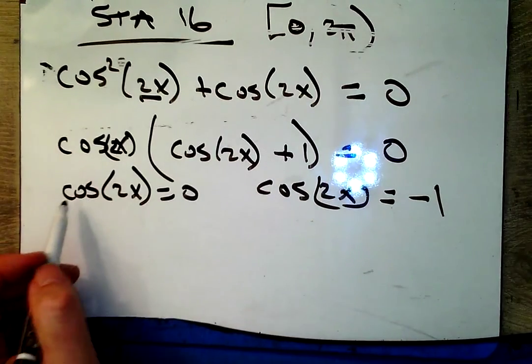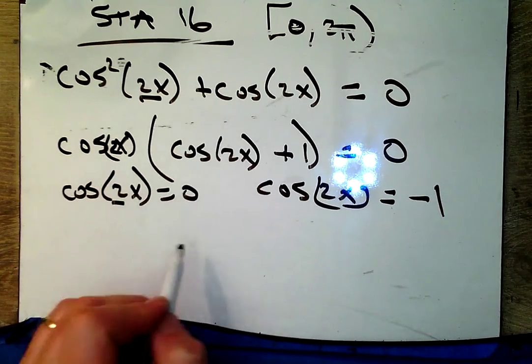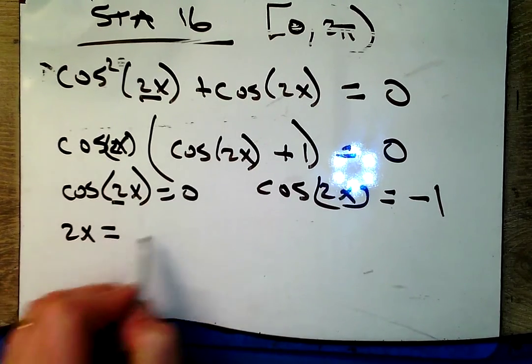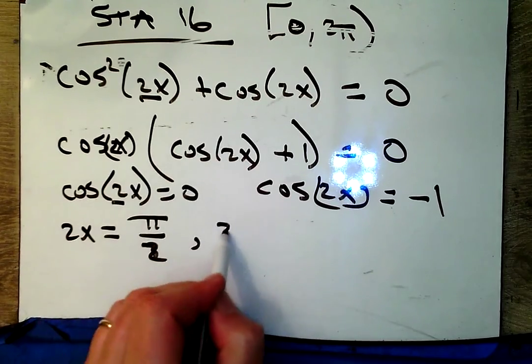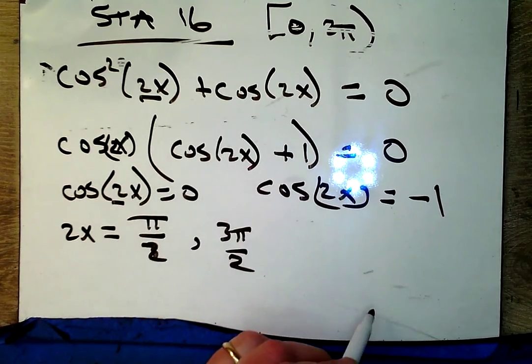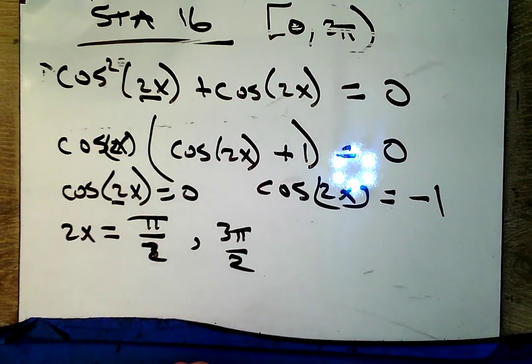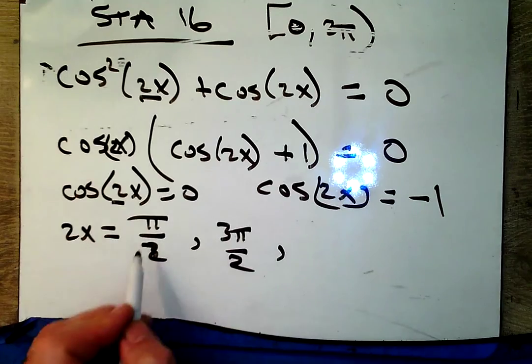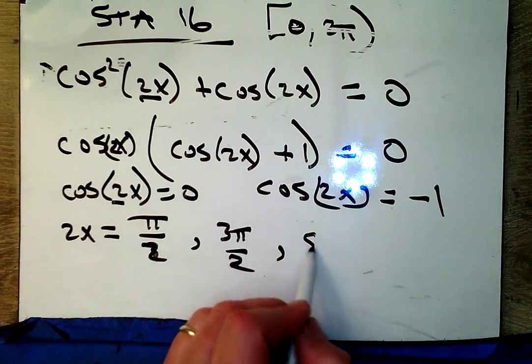And I say, okay, when is cosine equal to 0? But I have to go around twice. The first time I go around, I get pi over 2 and 3 pi over 2. That's once around. Now I need to go a second time around. To get a second time around, I'm going to add 2 pi to each of these answers, which is 4 pi over 2.